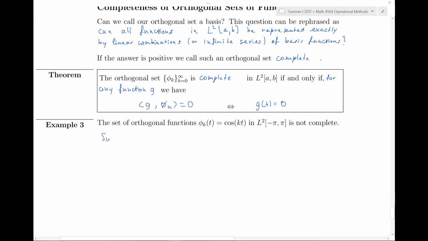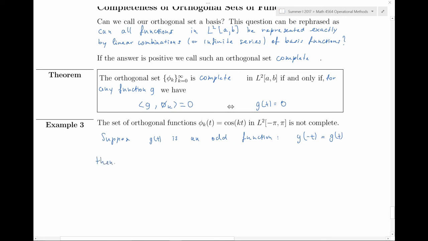I'm going to say suppose g of t is an odd function. In other words, g of minus t equals to g of t.